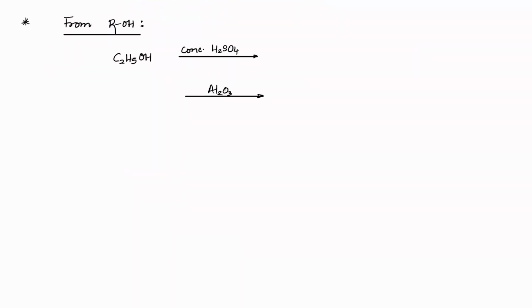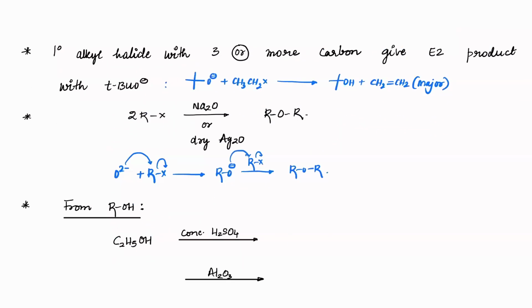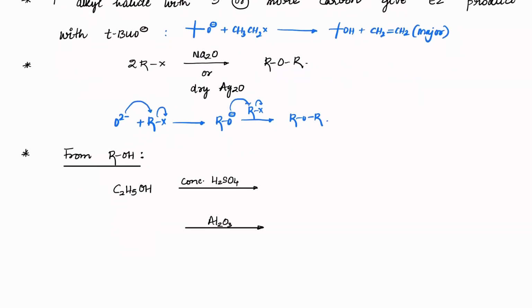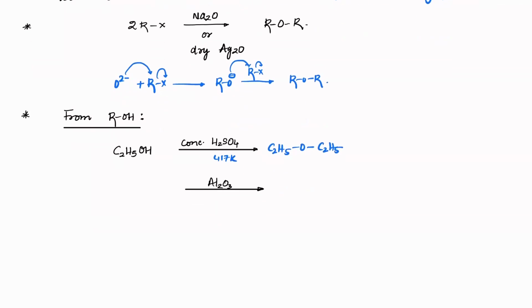Next, from alcohols. From alcohols, we know that directly we can interact with concentrated H2SO4, correct? So around 417 kelvins here, right? So that will be C2H5OC2H5. Got it?